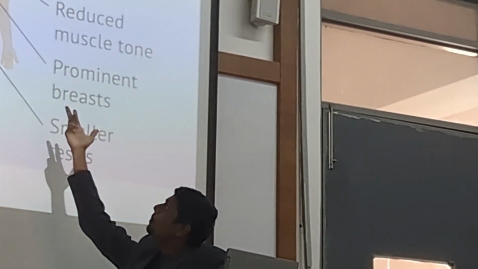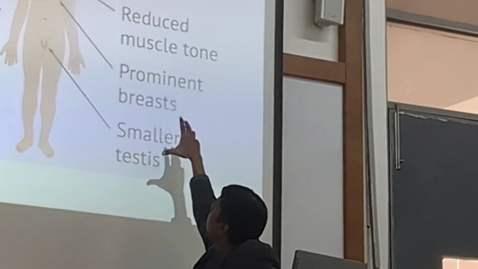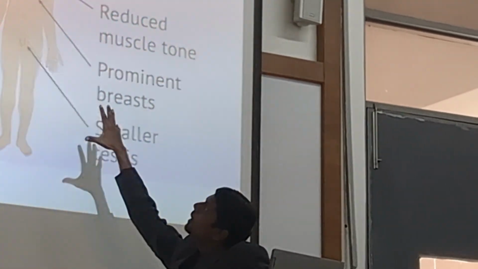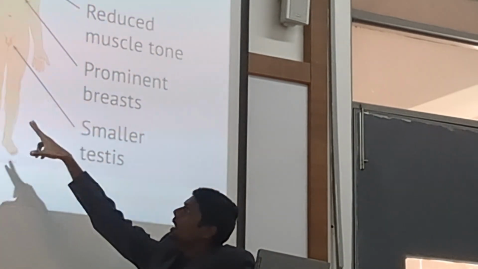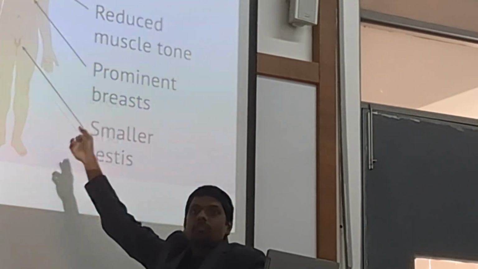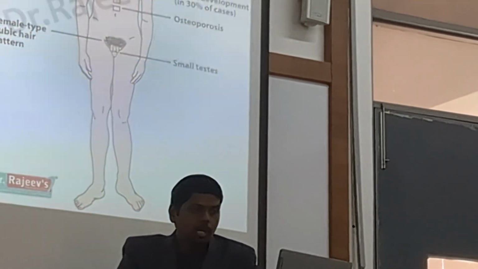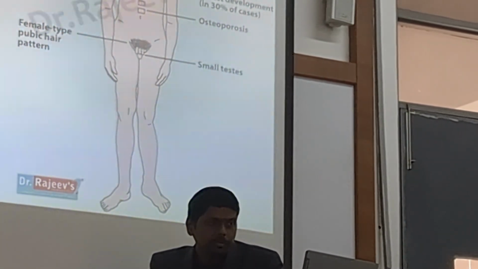They will develop breasts, their penis will be short, and there is reduced muscle tone. So males become more female-like because they have an additional active X chromosome, leading to the development of female characteristics in a male. So this is all about Klinefelter syndrome.